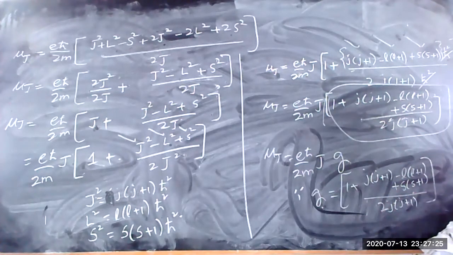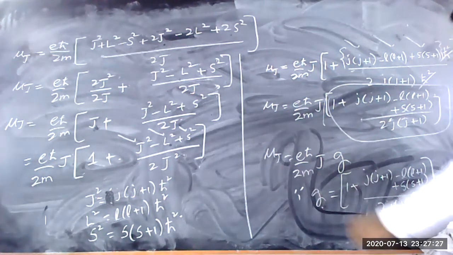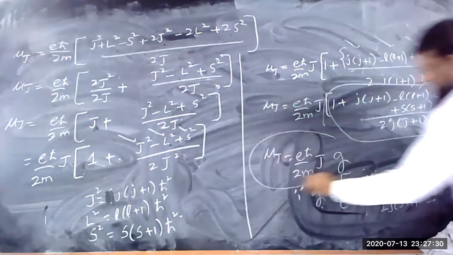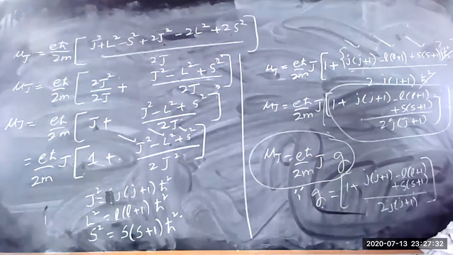So this is the G factor, and this is the mu of j.